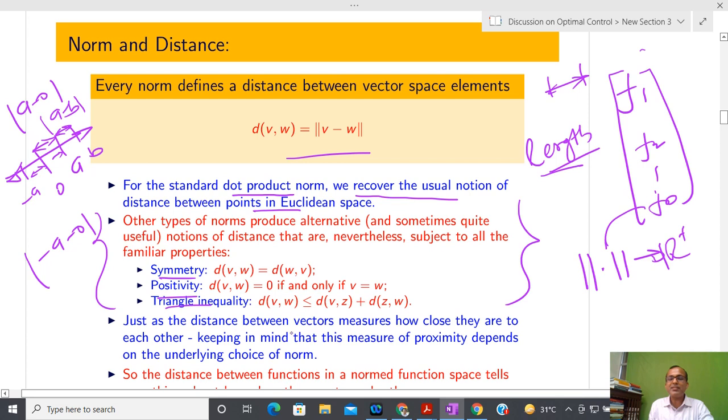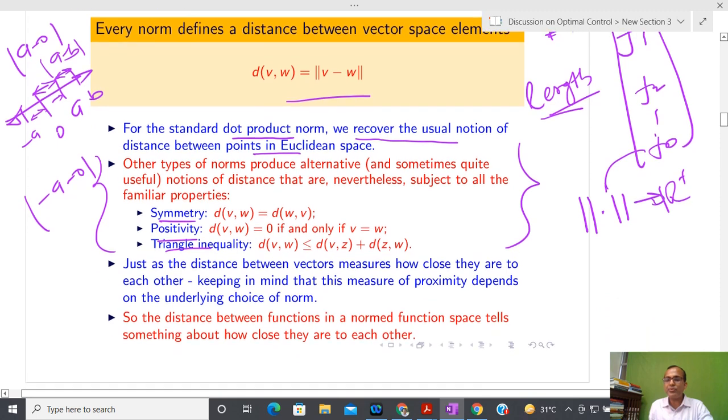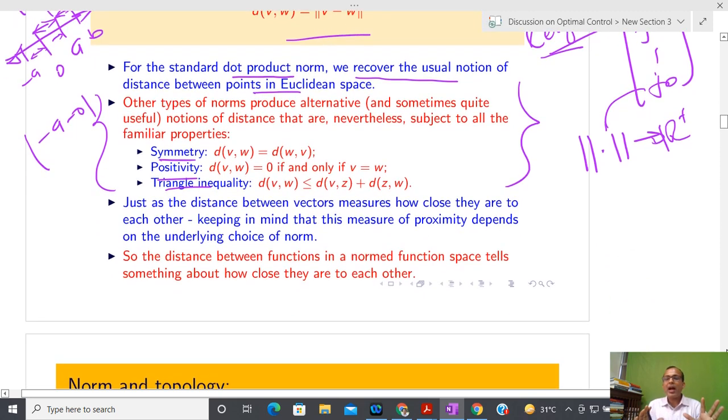Just as the distance between vectors measures how close they are to each other, keep in mind that the measure of proximity depends on the underlying choice of norm. So I can define norm in different ways.